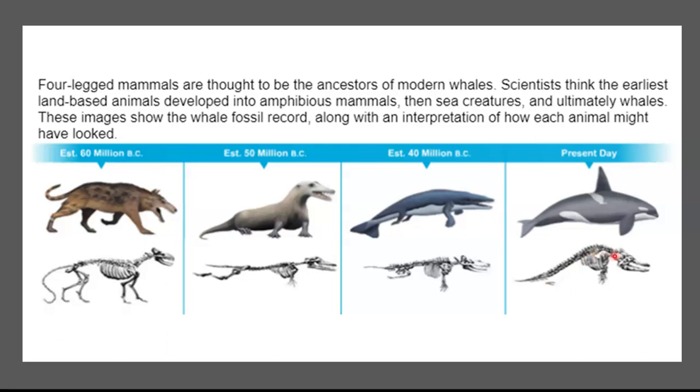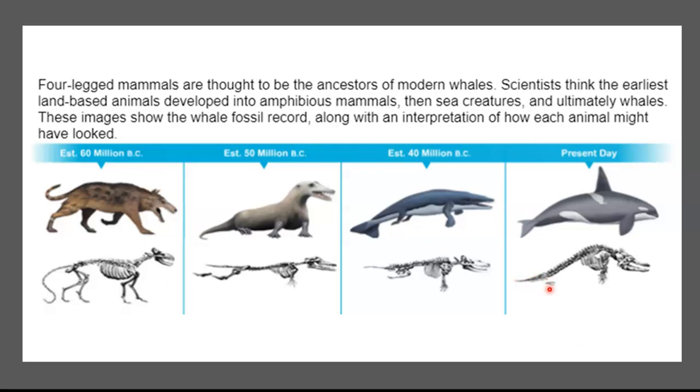Because the whale doesn't need legs, and so what happened is, over time, as the whale didn't need legs, the DNA sequencing for the formation of legs kind of left the DNA instructions of the whales. And the tail instead, because all vertebrates have a tail, some just don't have a long tail. So over time, the tail got longer and the legs disappeared, but there's still those hip bones there.